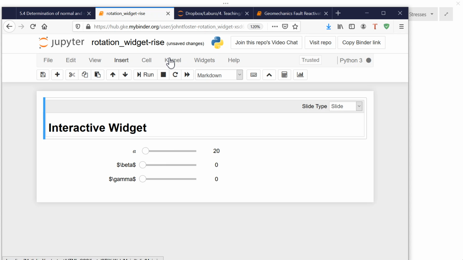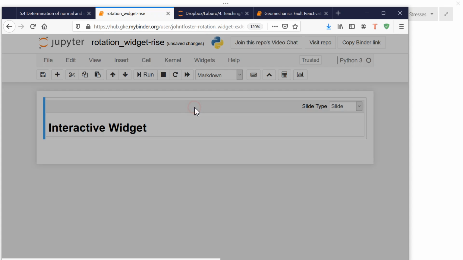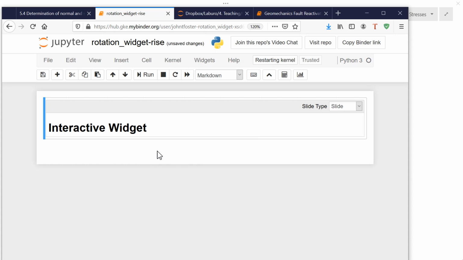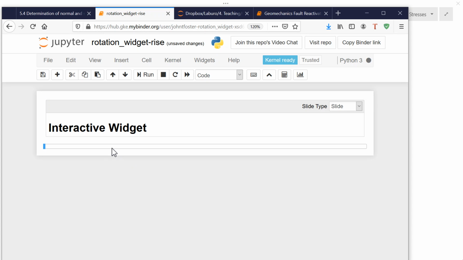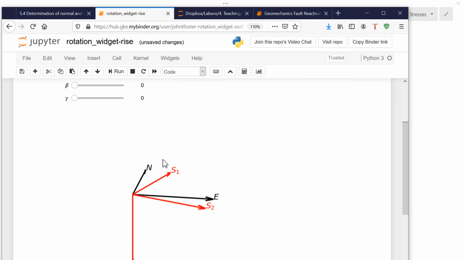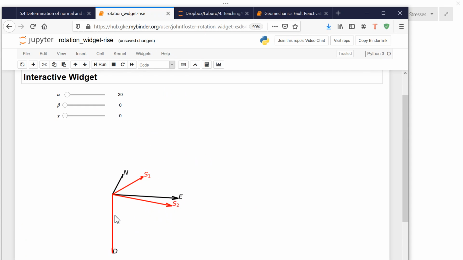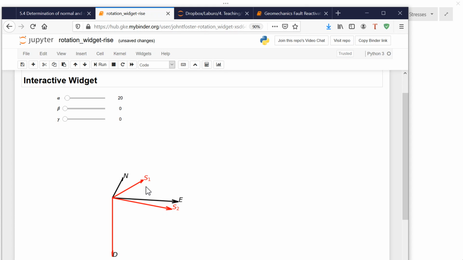Now you see we have here the northeast and down coordinate system, and I have the principal stresses S1, S2, and S3.